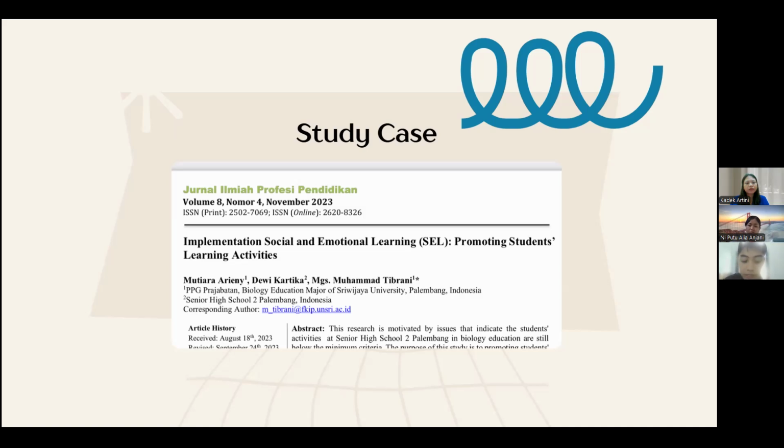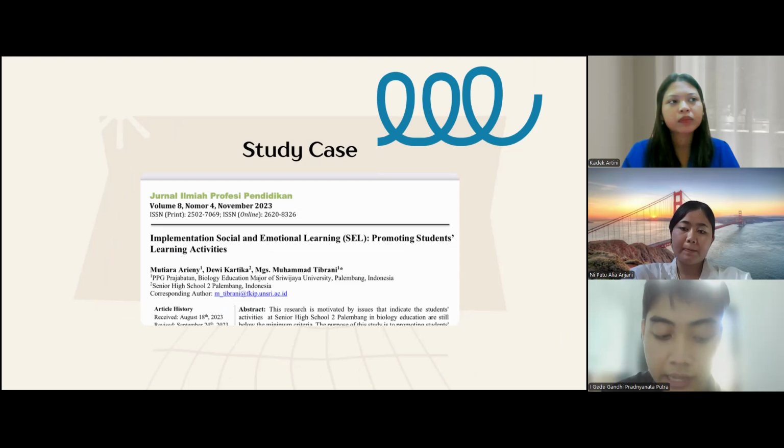In this case study, it shows that by conducting SEL with cooperative learning, students not only improve their academic skills but also learn important social and emotional skills, such as managing emotions, communicating well, and resolving conflict. It also showed that before SEL was applied, student engagement was low at 37 percent.